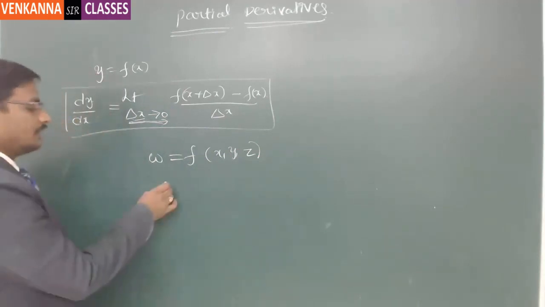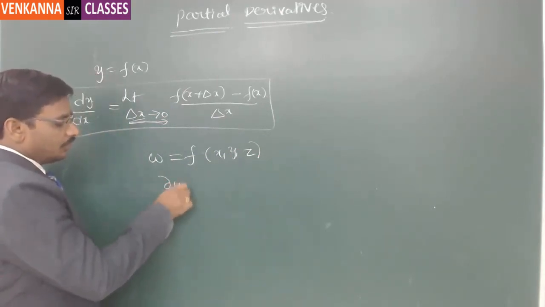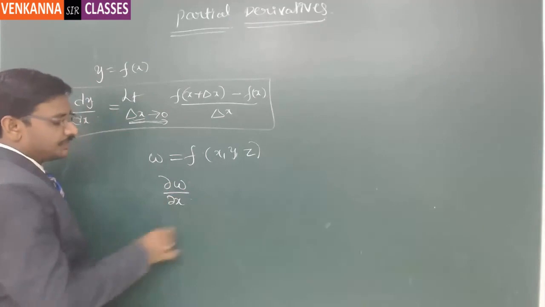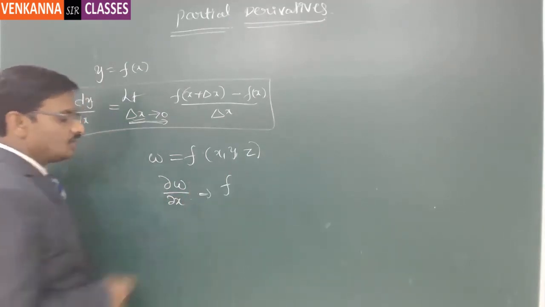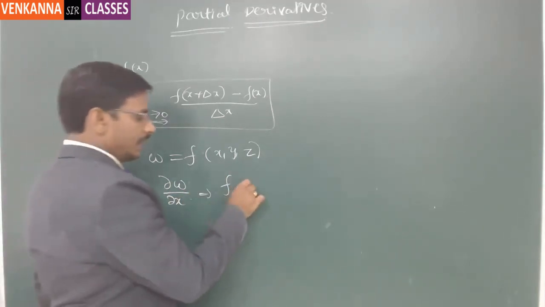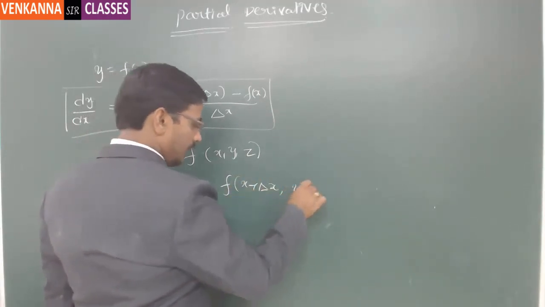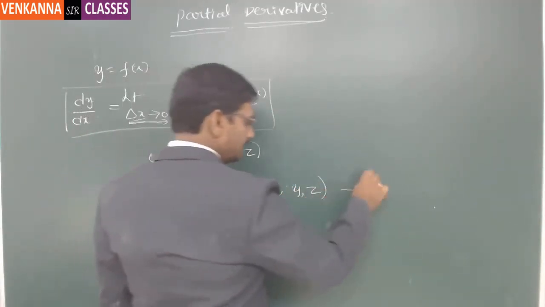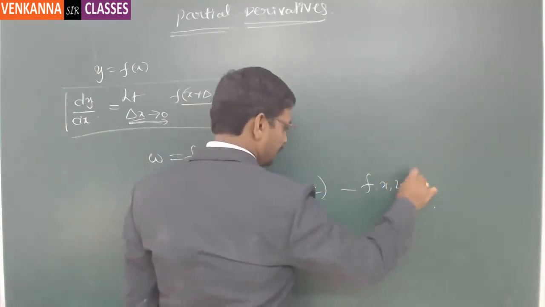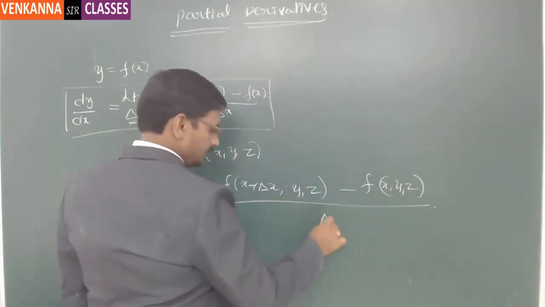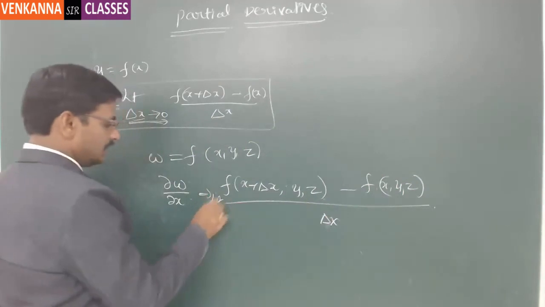So if you take the derivative, dou w by dou x is nothing but the change in the value of x alone: f of x plus delta x comma y comma z minus f of x comma y comma z, divided by delta x, limit delta x tending to 0.